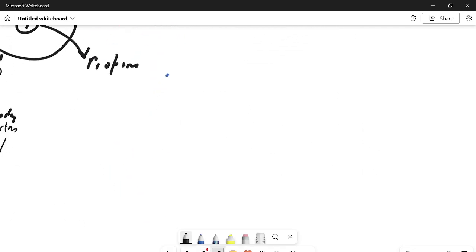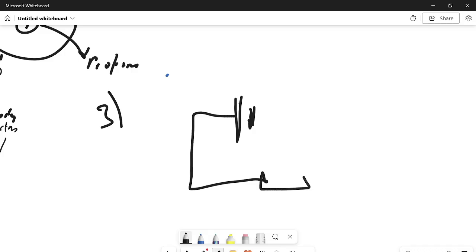Anyways, next we'll be talking about circuits. This is my favorite part of electronics, honestly. So far we haven't really done much. Let's say this is the circuit. This is the battery. In the battery, there are chemical reactions.